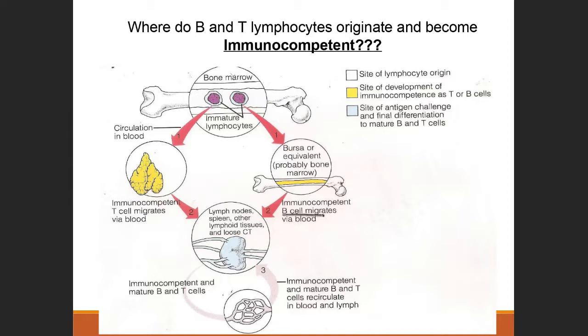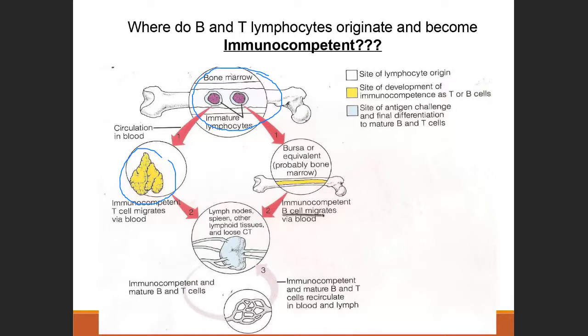And if you remember back to when we did our blood composition, we talked about lymphocyte production, leukopoiesis. And we even mentioned some B and T cell differences even there. Both are going to originate in the bone marrow as immature lymphocytes. The T cells, however, are going to become immunocompetent and mature in the lymphoid tissues, such as the thymus.